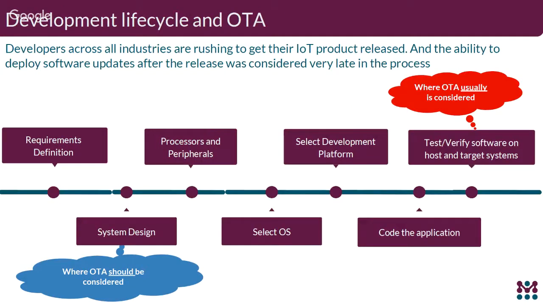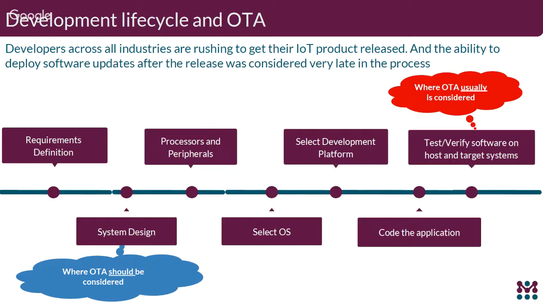And so here you can see the development lifecycle for devices and where OTA fits into that. During our user tests, developers across all industries were rushing to get their IoT product released. And the ability to deploy software updates was considered shockingly very late in the process.